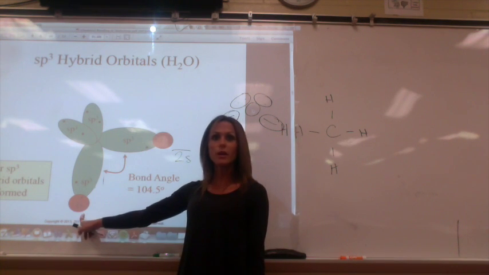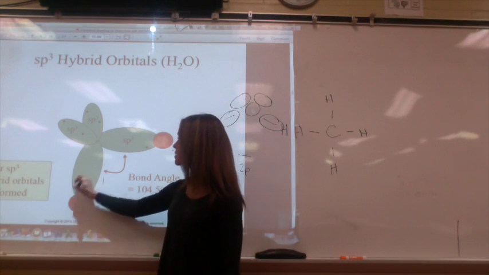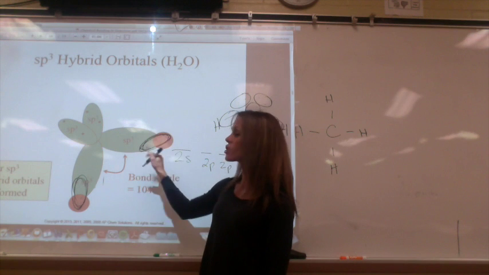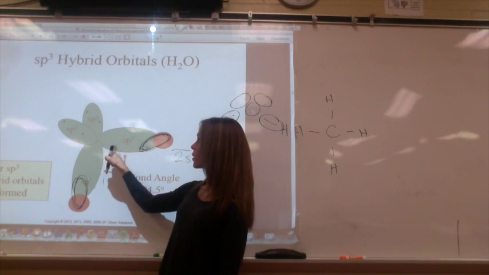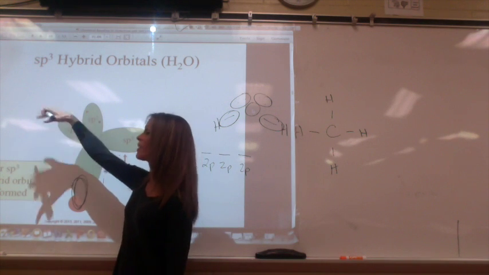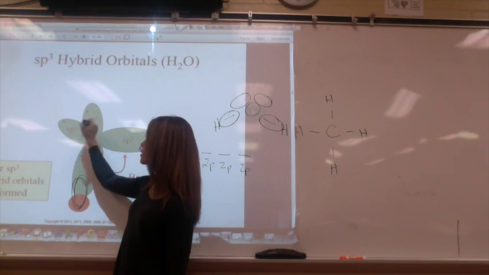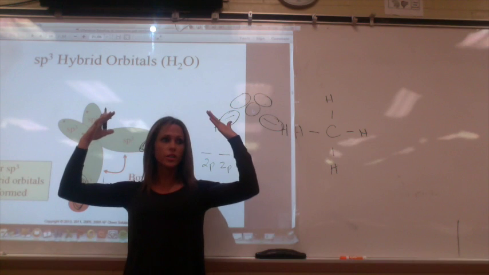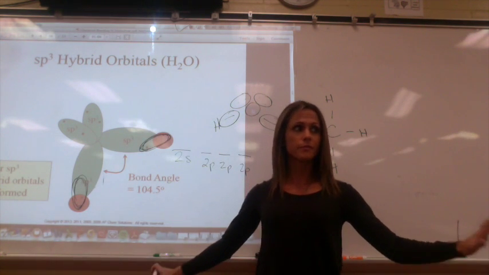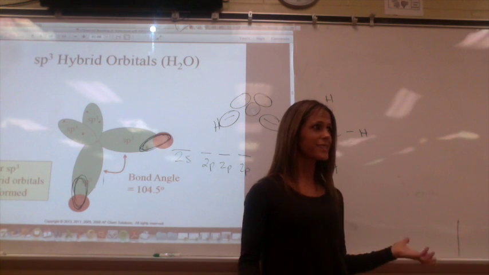The hydrogens are bonding with them. So most of the electron time is spent over on this part of the lobe because it's sharing it. It can certainly go over here, but it's sharing mostly over here, whereas these two aren't sharing with anything. They have their own electrons sitting on the atom. So lone electrons sit closer to the atom, and shared electrons are pushed further away. Understanding this?